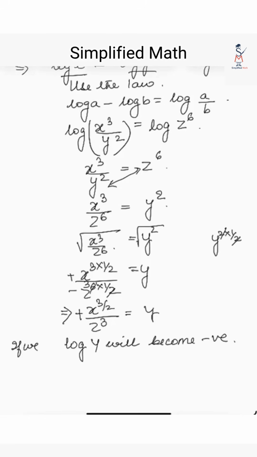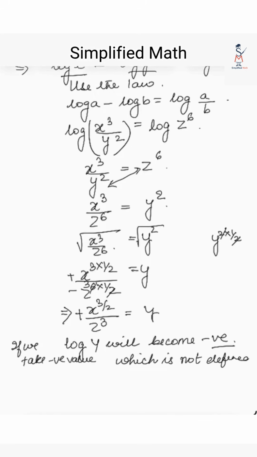If we take the negative value, log y will become negative, which is not defined, because the log of a negative number is not defined. Therefore, out of plus minus, we will take only the positive value of y, that is plus x raised to the power 3 by 2 upon z to the power 3. Fine, we will not take the negative value.